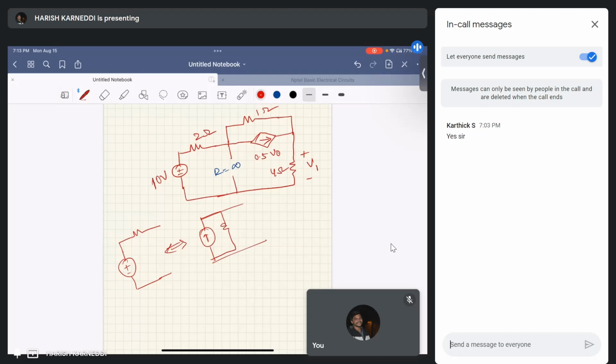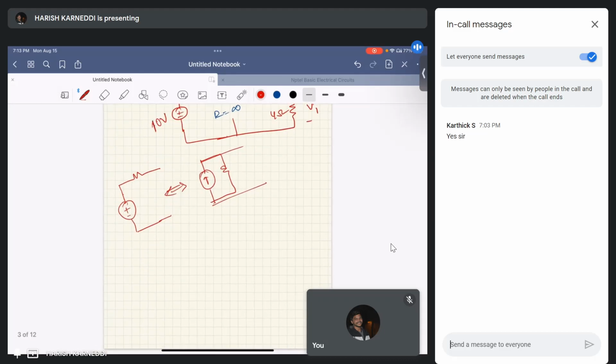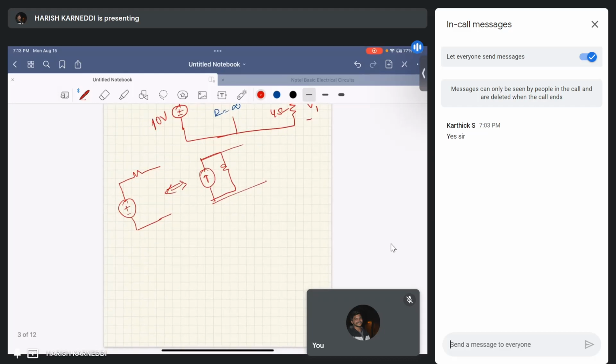Both are possible. Let us suppose here the voltage is V and the resistance is R. The current source is V by R amperes and the resistance remains the same.